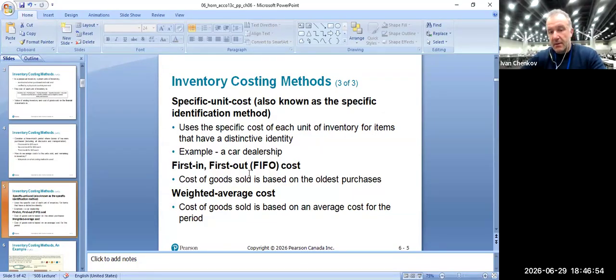One example they use here is the car dealership. Another example would be an art gallery. In the art gallery, every piece of art that we sell comes with a unique cost, and the selling price of every piece will be different.